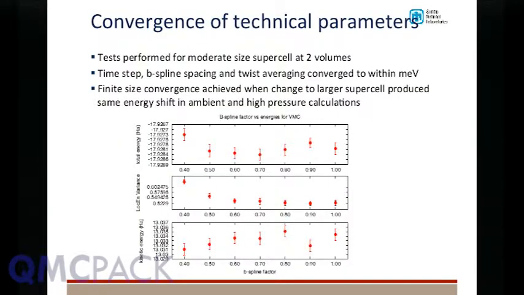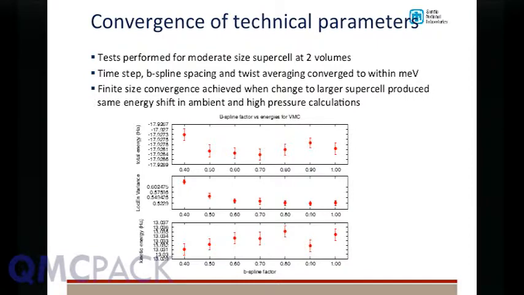In terms of converging the technical parameters, I was really careful about performing calculations for a moderate-sized supercell, but then converging everything really precisely. So here, for instance, is the grid that I've chosen for the B-spline. I can look at how the energy in the variational Monte Carlo converges with that, or the variance of the local energy.